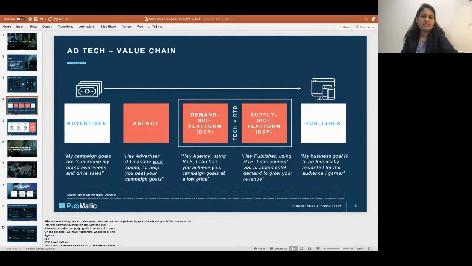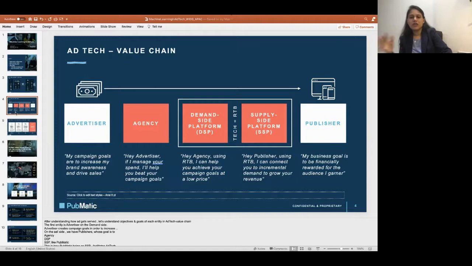After looking at how the ad gets served and the various entities involved in it, let's quickly understand the objectives and goals behind each entity in the ad tech value chain. On the demand side, we have the advertiser, and on the sell side, we have the publisher. The objective of the advertiser is to create a campaign goal in order to increase brand awareness and drive sales.